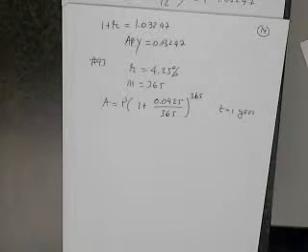So I calculate now. 1 plus 0.0425, divided by 365.